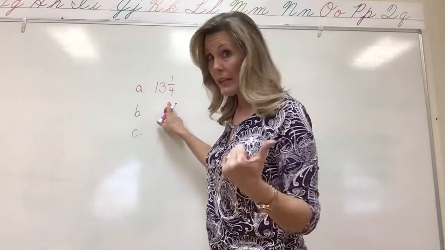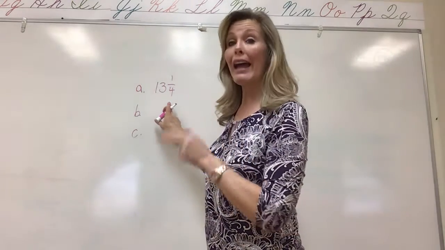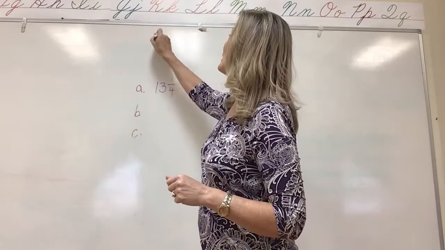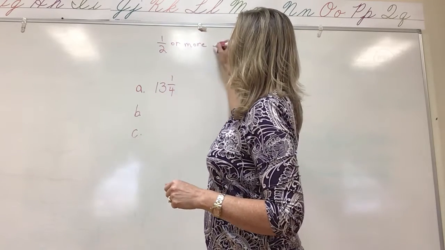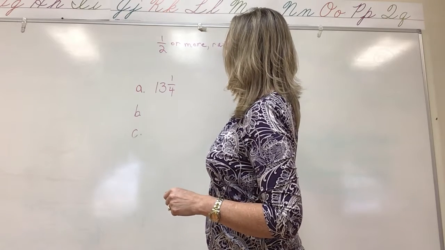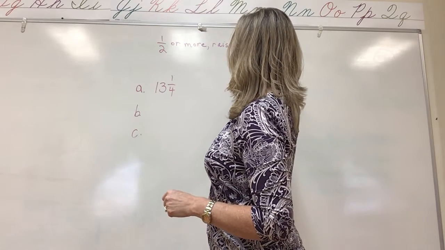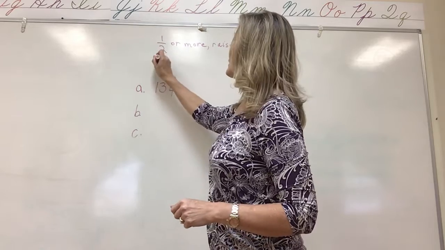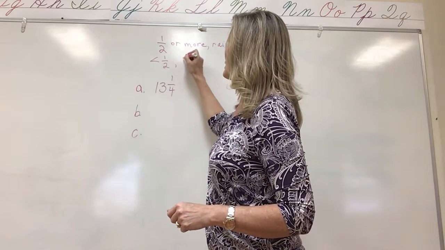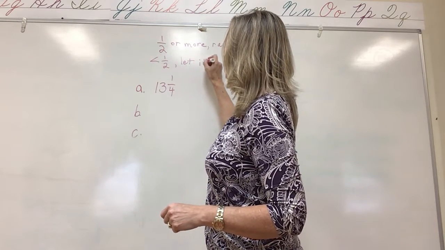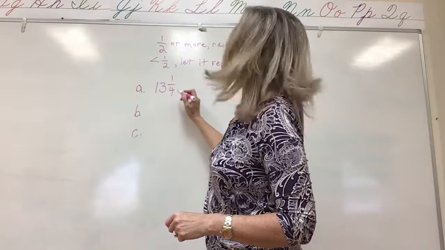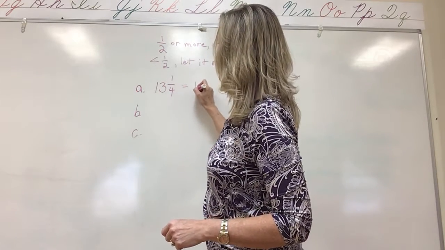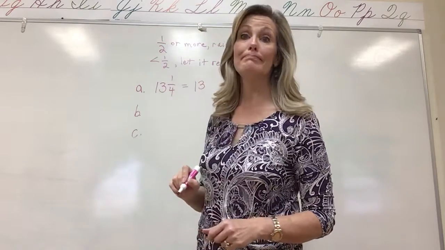We just divided that a few minutes ago. So if half is my 0.5, half or more, raise the score. Less than half, let it rest. A fourth is less than half. So that means if I'm rounding to the whole number, I just want 13.